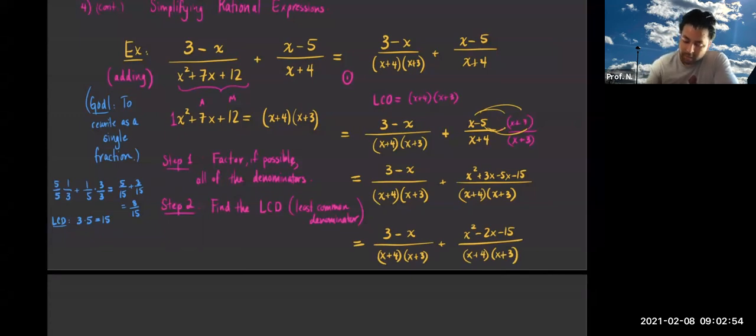So then this is step number 2. Step 3 is to multiply the numerator and denominator by the quote unquote missing factor of the LCD for each rational expression, quote unquote missing.